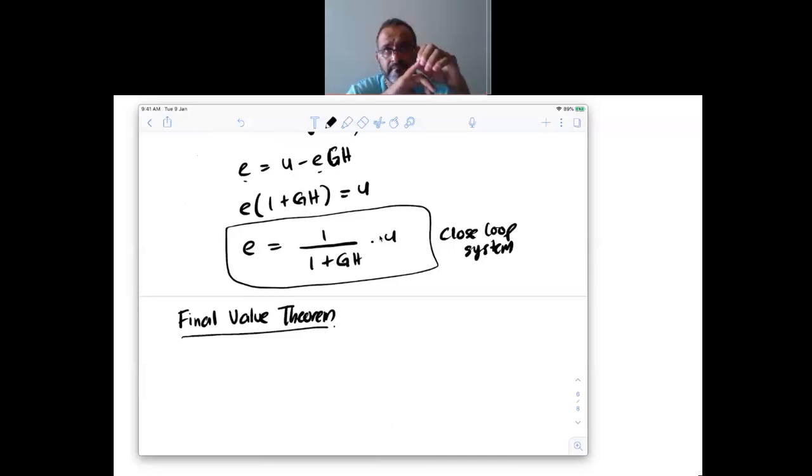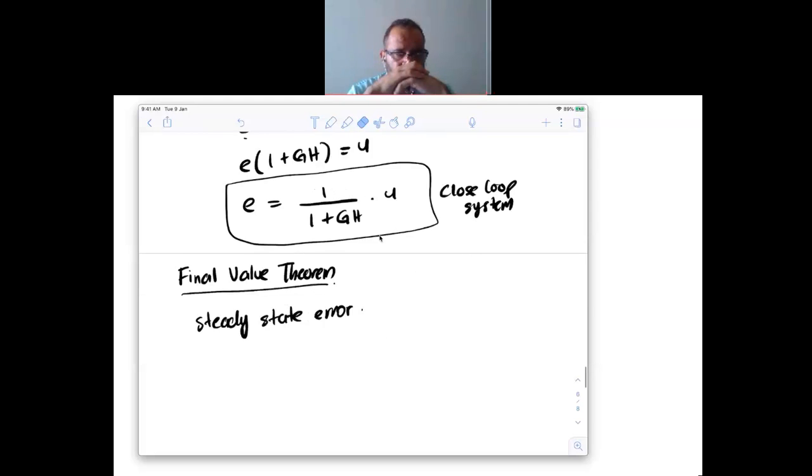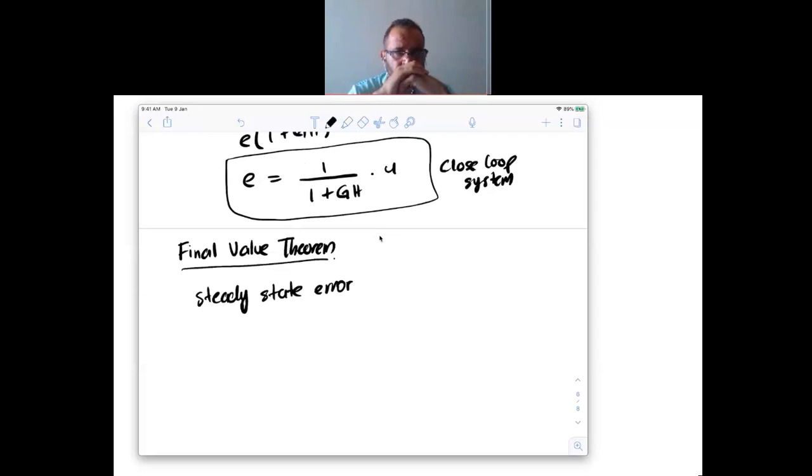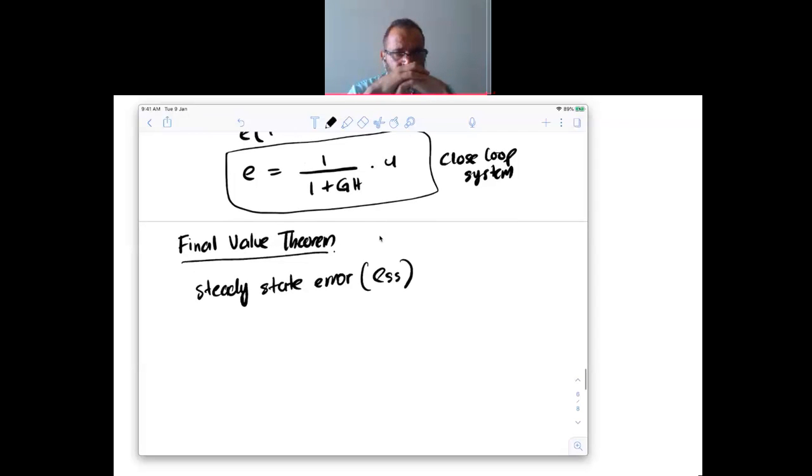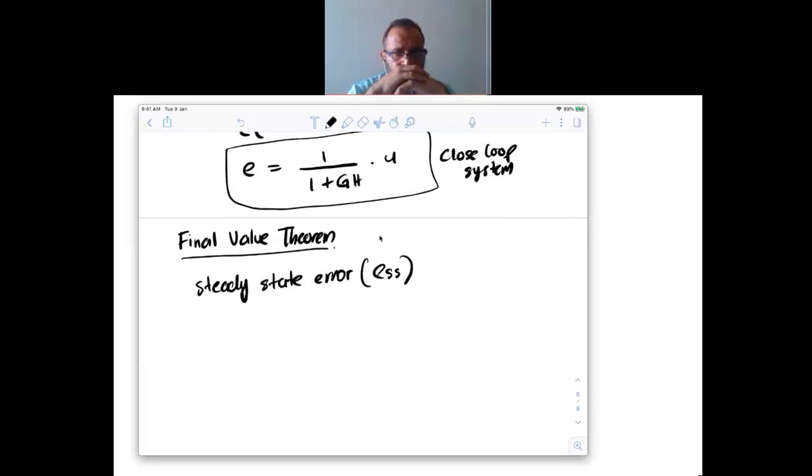So for the final value theorem, your steady state error, let me write steady state error. Normally the denotation of steady state error is ESS. Okay, so this is the equation. Let me write at the bottom here, E with subscript SS, it's steady state error.